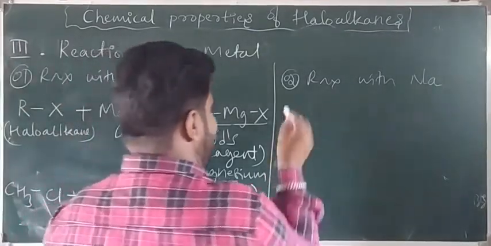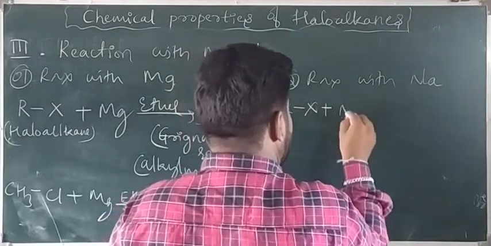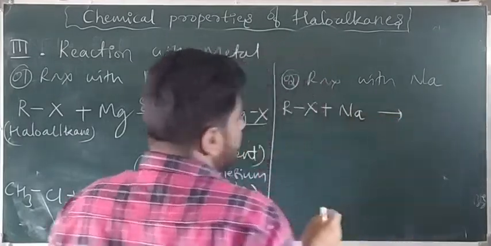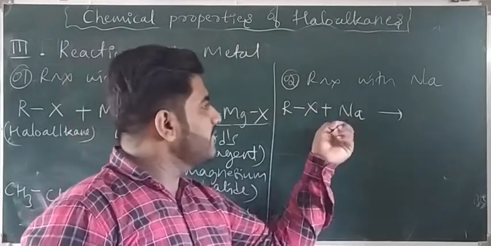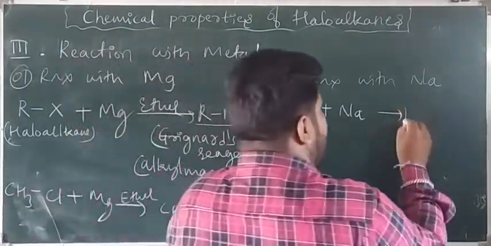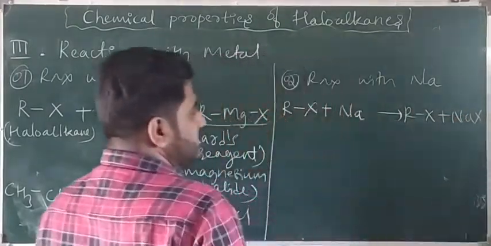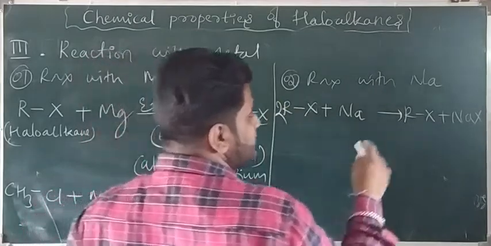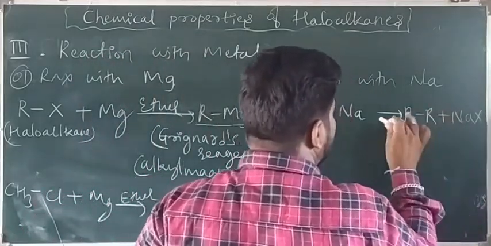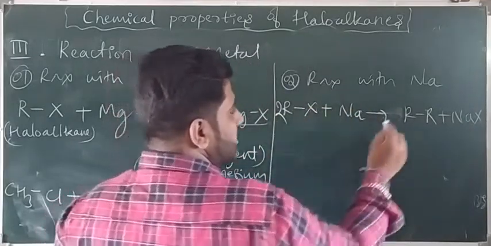When we react haloalkanes with sodium, what happens? Instead of sodium being involved inside, we get alkanes here. We get R-R, and NaX is eliminated. That means two molecules of RX give R-R, and NaX is eliminated.